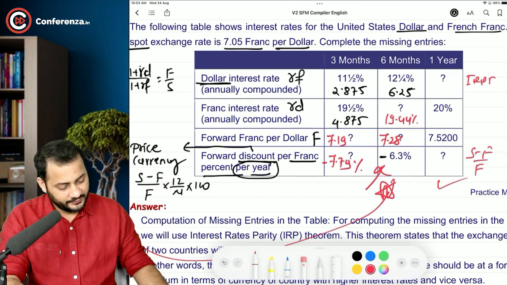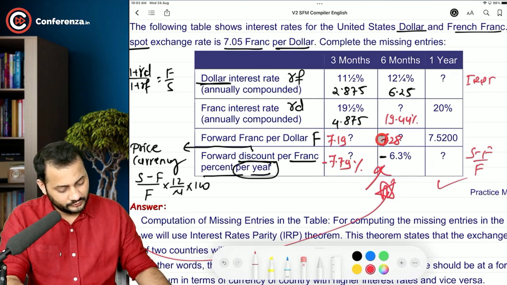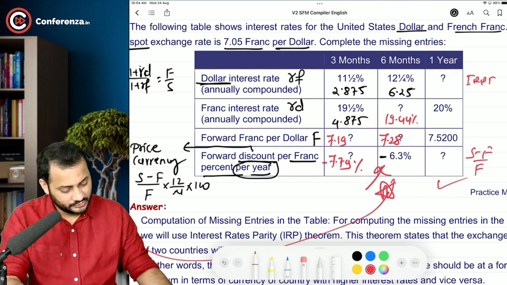Let me just do it fast for you. 7.52 divided by 7.05 into 1.06, so divided by 1.20.